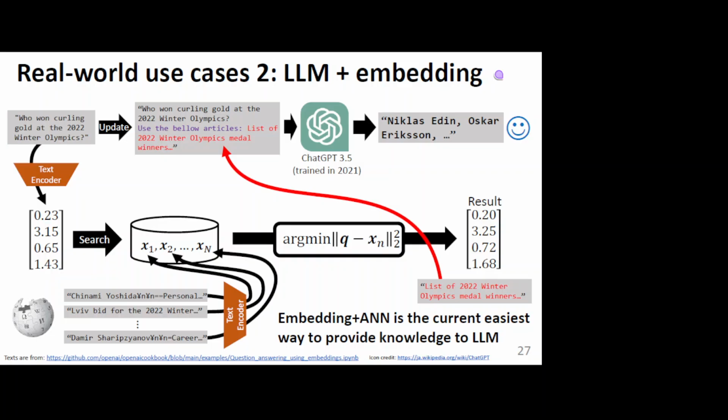You don't need to retrain or fine-tune the language model, because we cannot train it, actually, or even fine-tune it. It's a very big consumption of computation resources. So this is the basic, the easiest way to provide additional knowledge for an LLM.